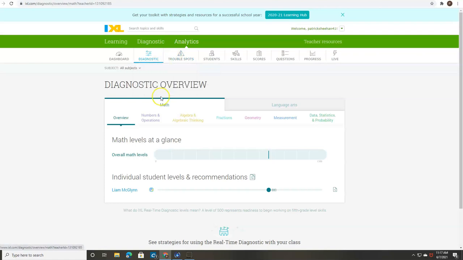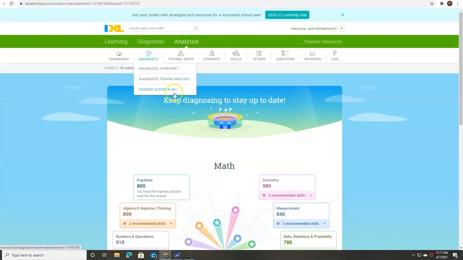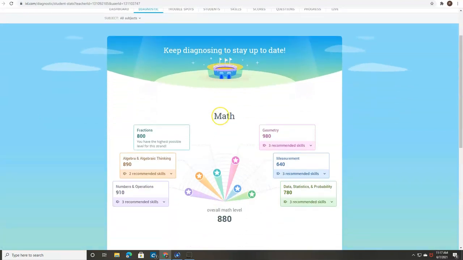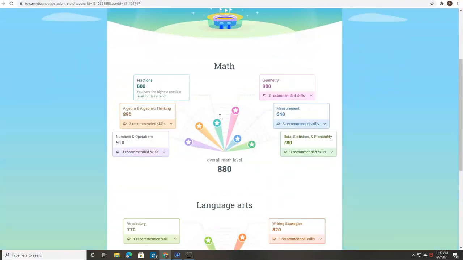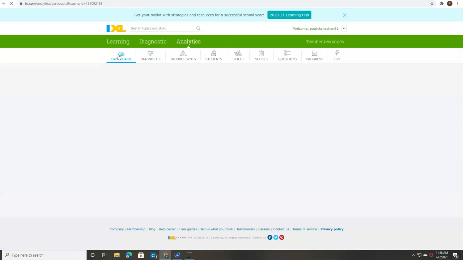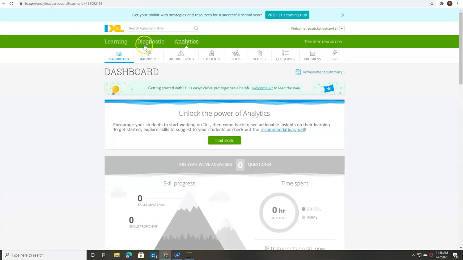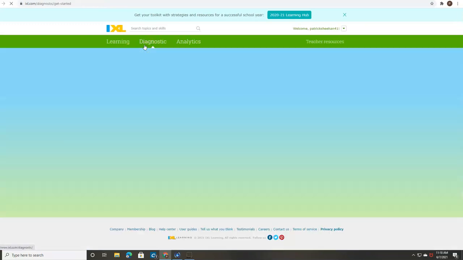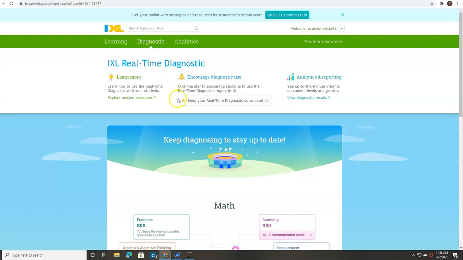Now, let's go to student action plan. We're under analytics, we go to student action plan, and here we are back at where we were when we clicked on analytics, back where we were when we clicked on diagnostic.